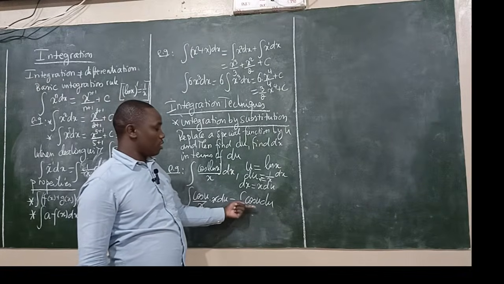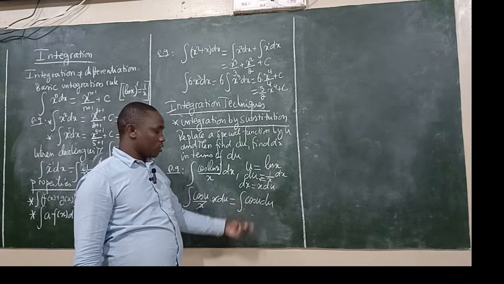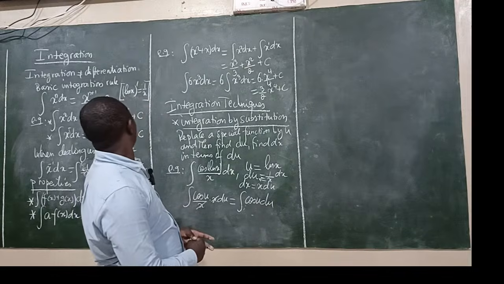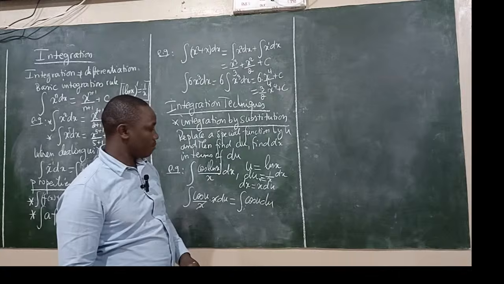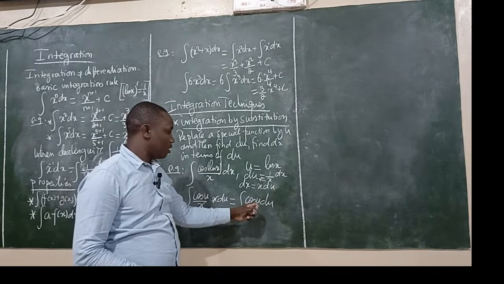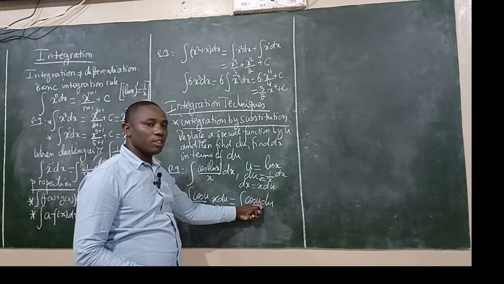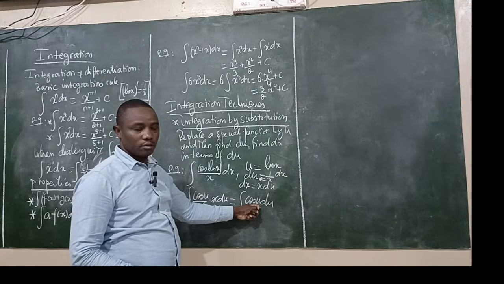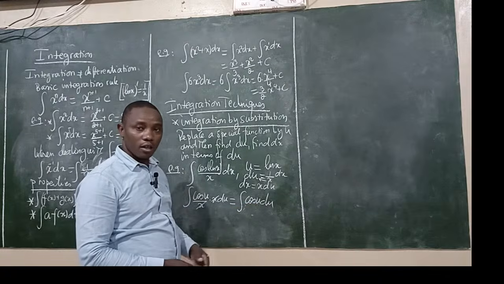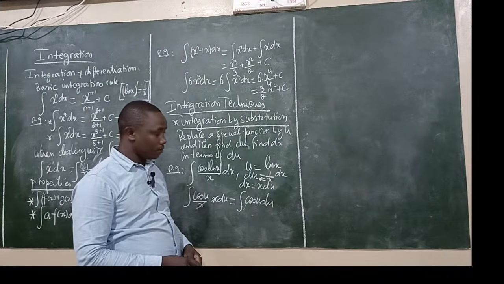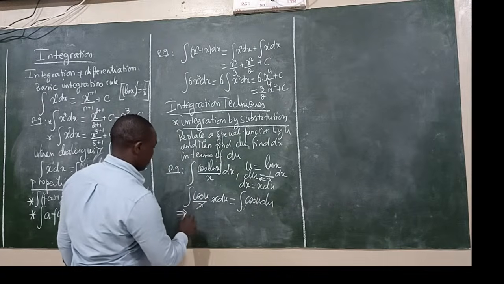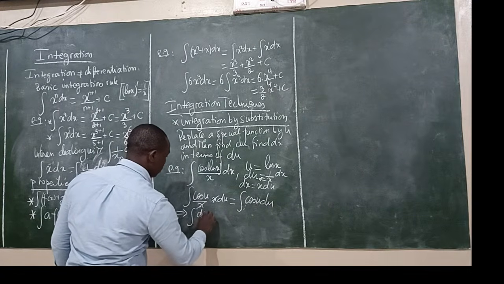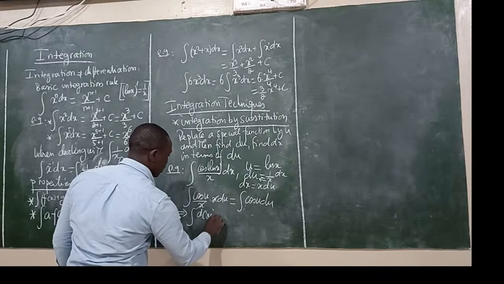Because you have cosine u, the integral of cosine u, as integral is an inverse of the differentiation, what is the derivative that gave cosine? See, that is the derivative of sine. Here is the integral of the derivative of sine x.